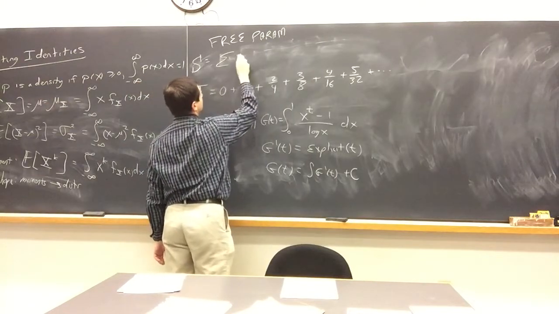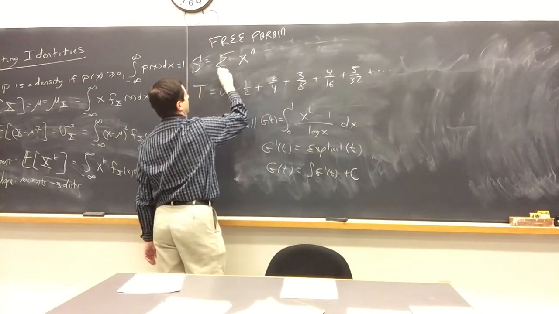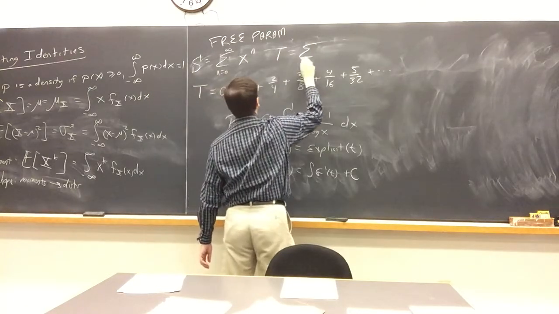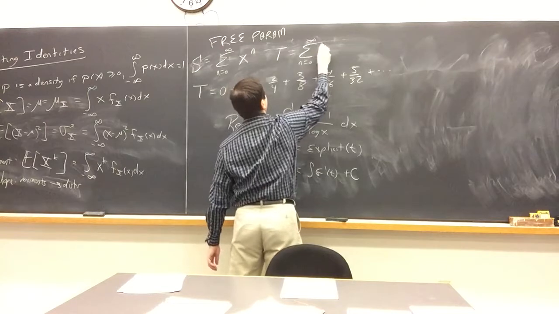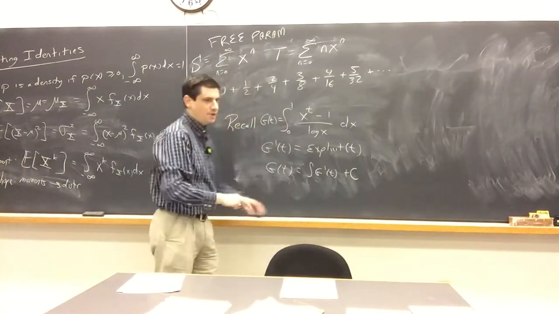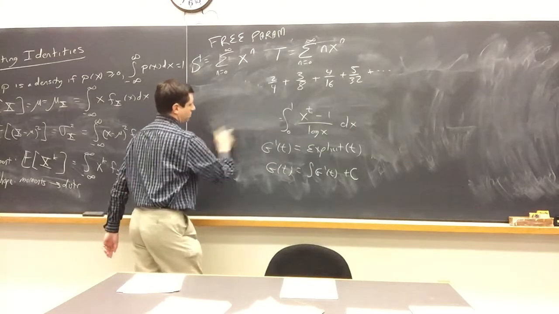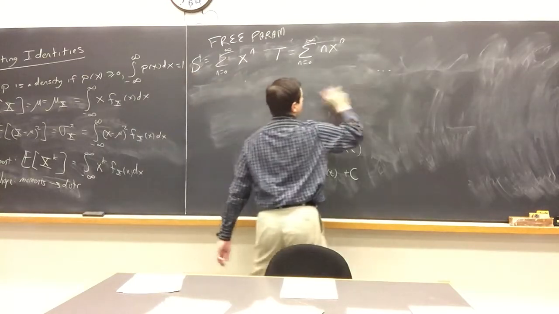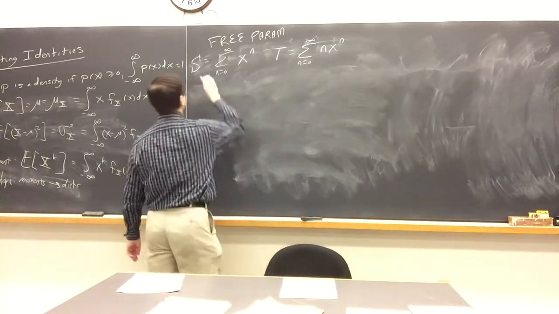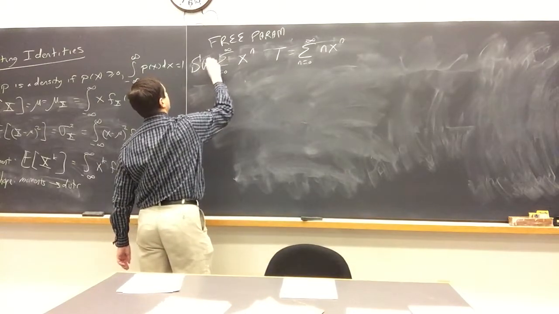S is going to be the sum, n goes from 0 to infinity, of x to the n, and T is going to be the sum, n goes from 0 to infinity, of n x to the n. Plus 0. And so the question is, how do we get from S to T? And we should, I guess, really give these now functions.